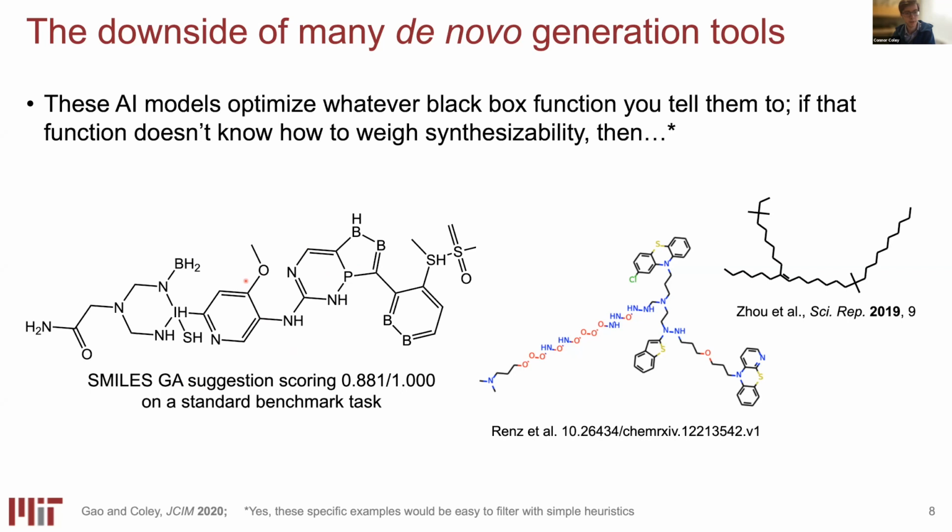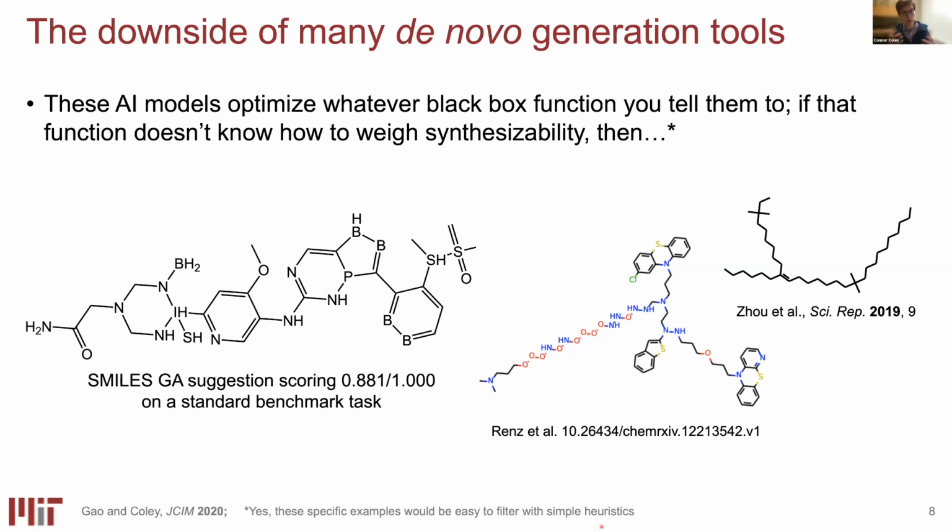Right? This very long chain of oxygens and nitrogens, this is not something that you could ever produce. And yet these models are very earnest in recommending them, and sometimes they look good based on computational benchmarks. So clearly something's wrong. And we could tell something is wrong if we thought for a second about what it would take to actually synthesize these structures.